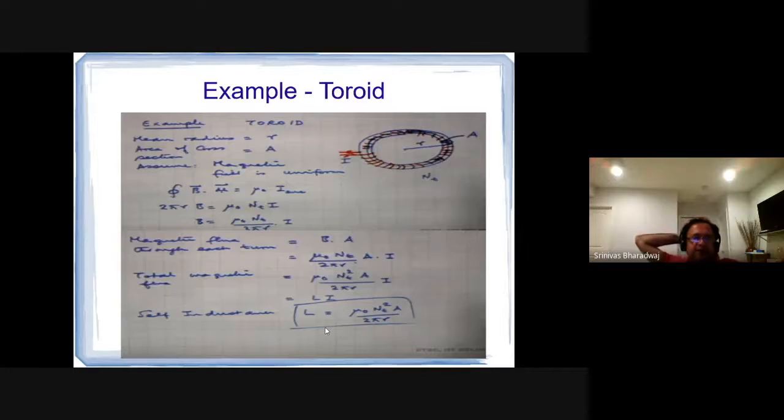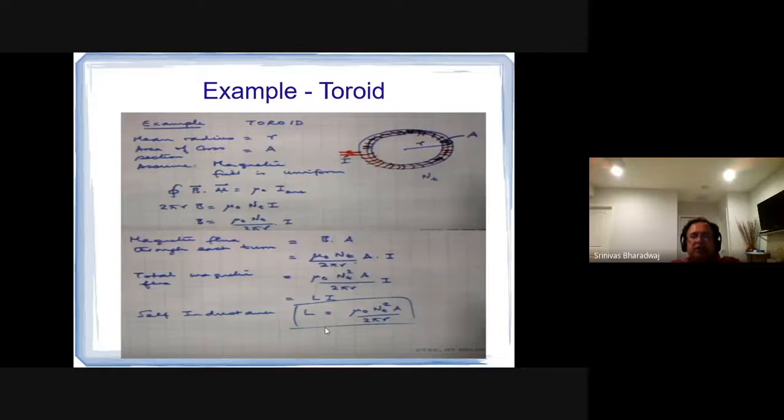That is how you look at Ampere's law in the context of the toroid. B dot dl equals mu naught Ni, and if you look at it, there are NT turns, and therefore from that you had mu naught NT times I divided by 2 pi r.